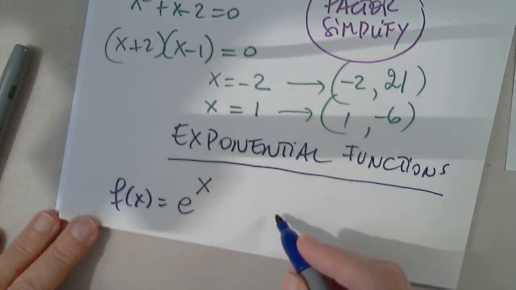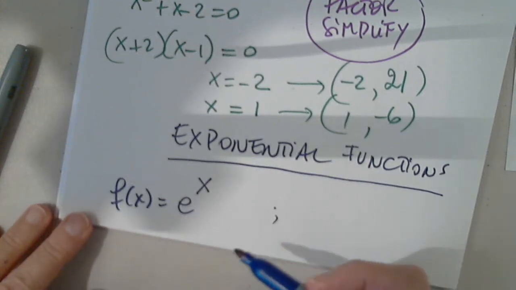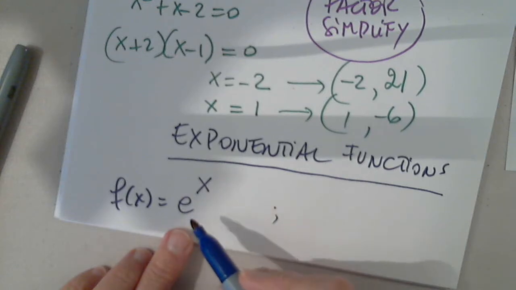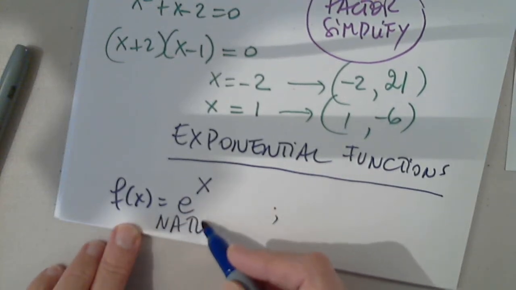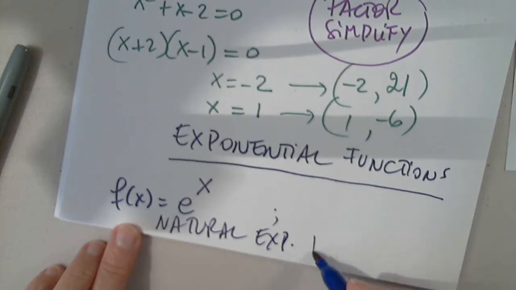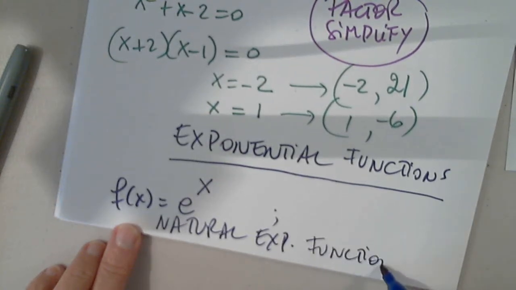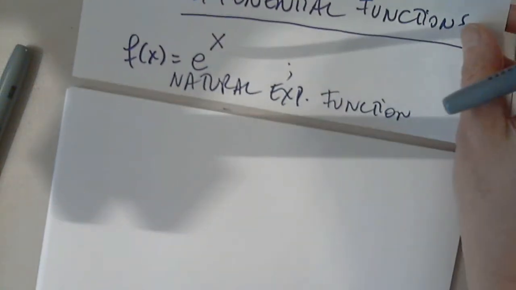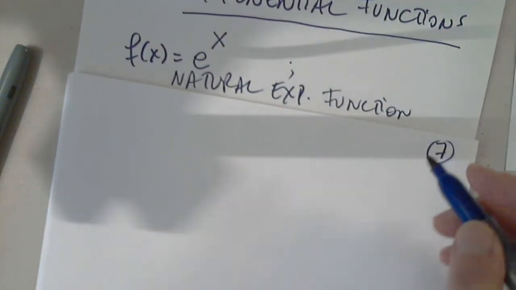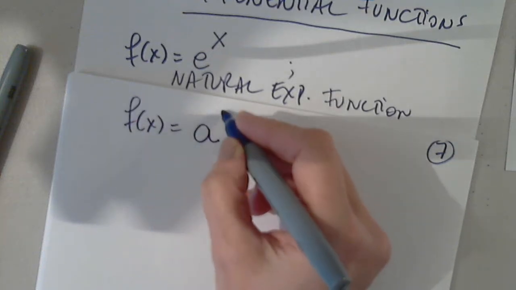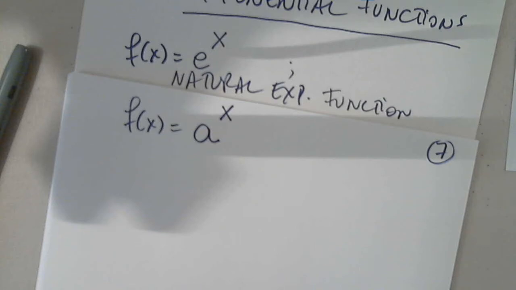We also have general exponential functions where this is a specific situation. This is a natural exponential function. But we will also talk about the general situation in which we have any base raised to x.